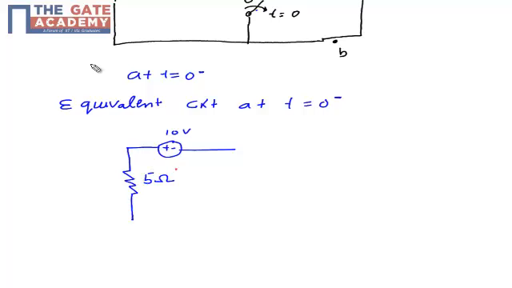The resistance 5 ohm. This resistor is 4 ohm, and right now the knob is not open. So there is a short wire, and there is one more resistor, 1 ohm.